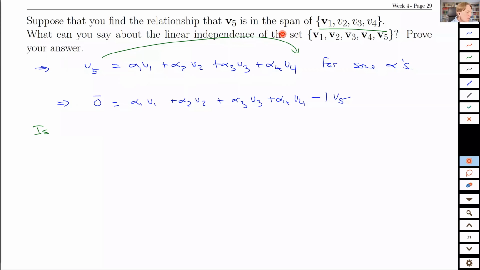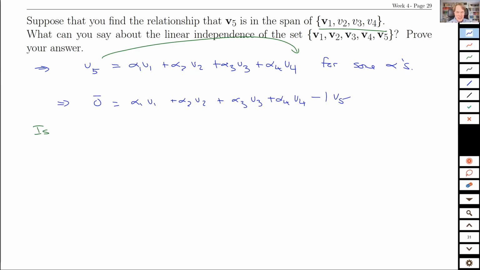Yes. The intuitive, graphical way to interpret span is, can I reach V5 using these four vectors as the building blocks, adding them or scaling them? Does that make sense? Yeah, it does.